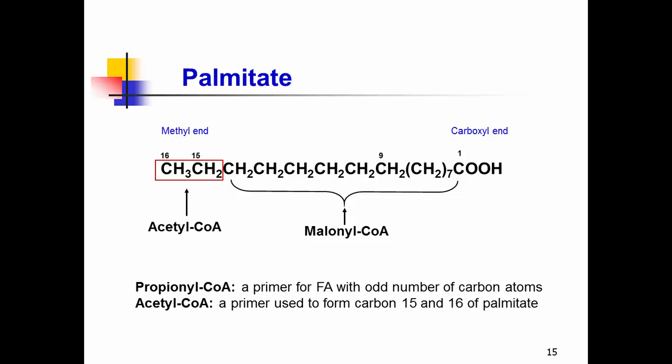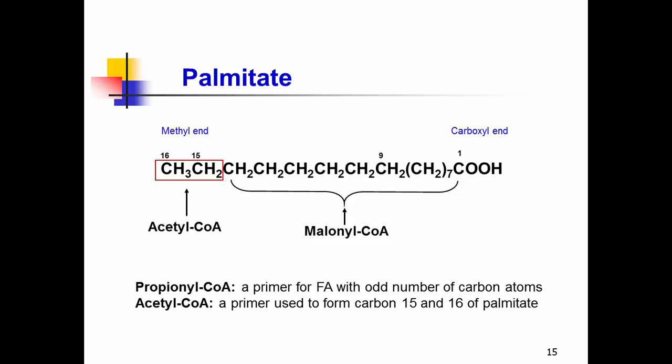This is the palmitate molecule, and we know it's 16 carbons, right? So a fatty acid has two ends, right? The methyl end and the carboxyl end. The hydrocarbon chain between the methyl and the carboxyl end actually comes from malonyl-CoA, right?